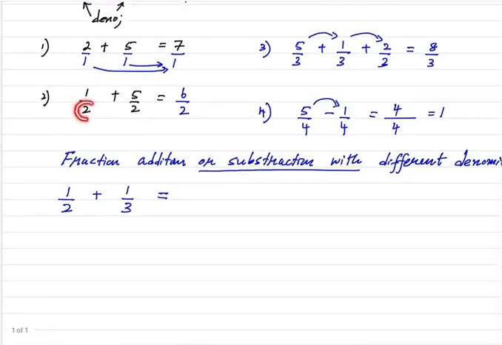We have learned that if denominators are equal, yes, you can do that magic to the numerator. But when you have different denominators, what to do? So what you have to do is you have to make a common denominator.